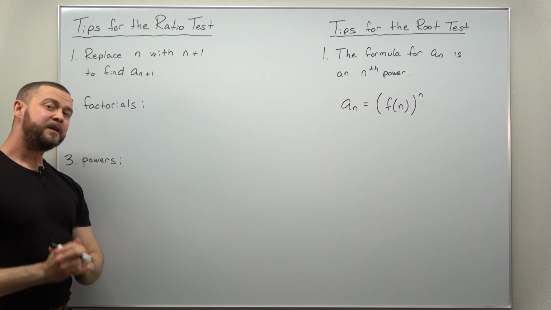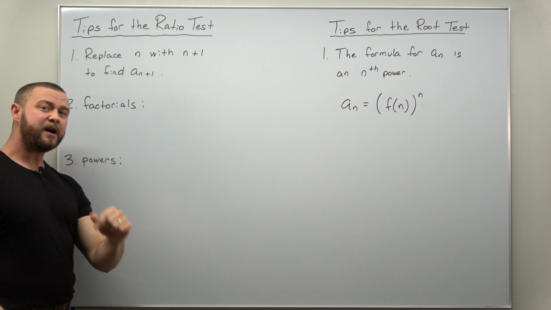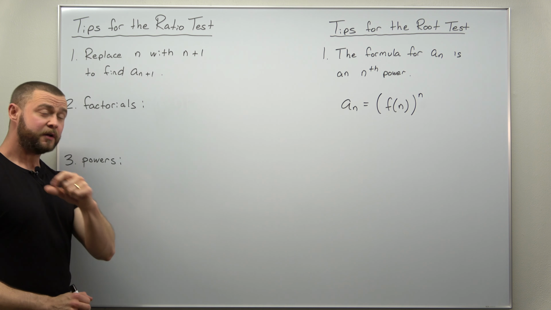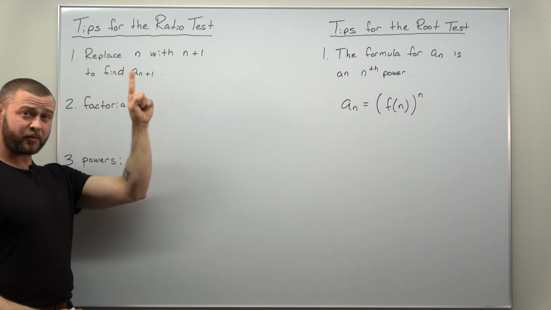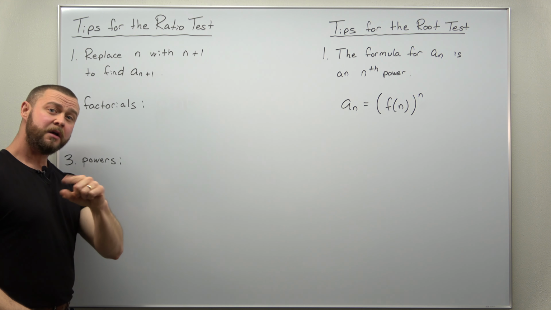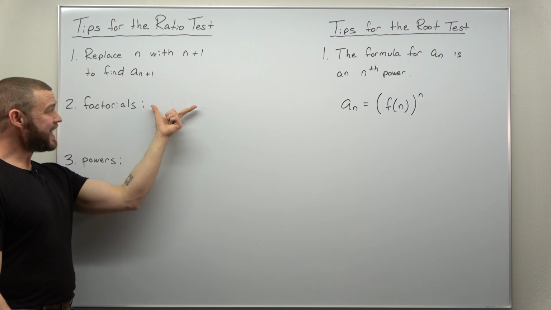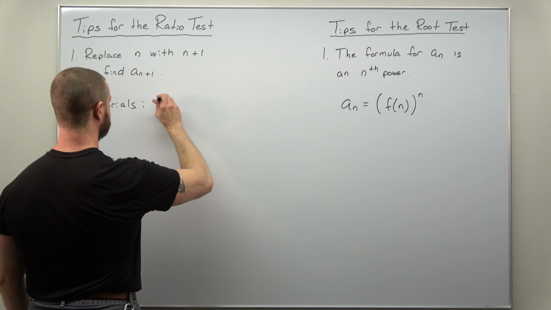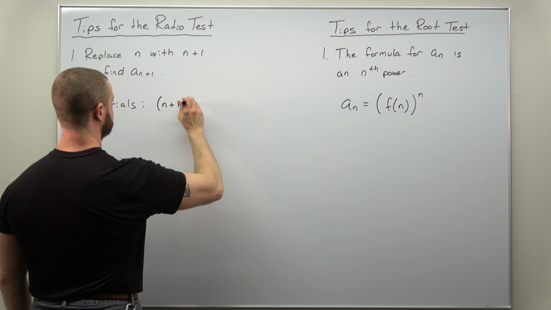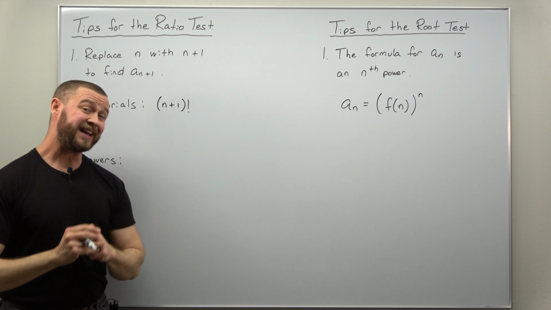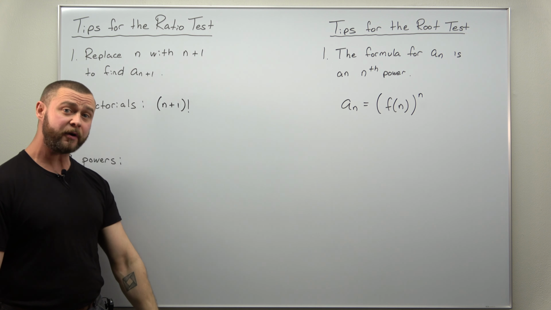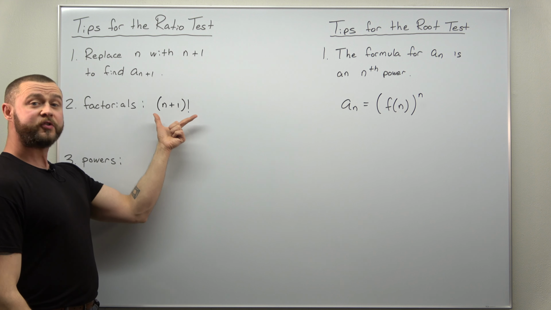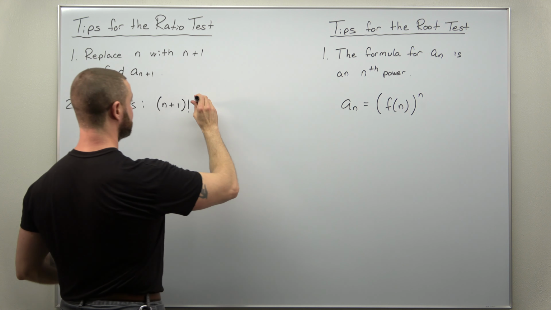The next tip is going to be incredibly useful whenever you encounter factorials. Due to the incrementing here, replacing n with n plus 1, you're typically going to get n plus 1 factorials. And there is an incredibly useful property here for factorials, which allows you to simplify this.